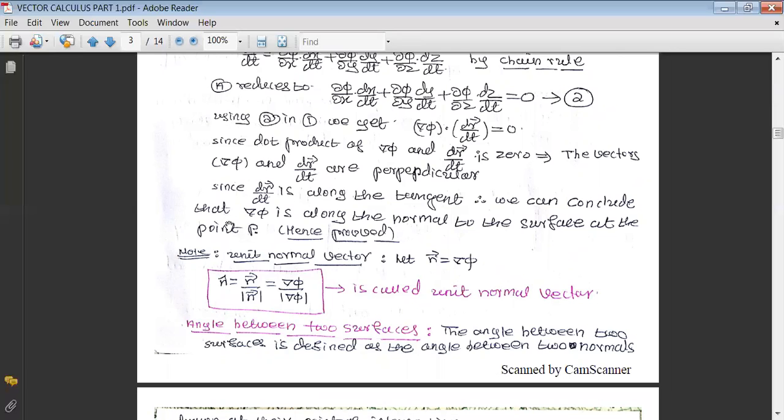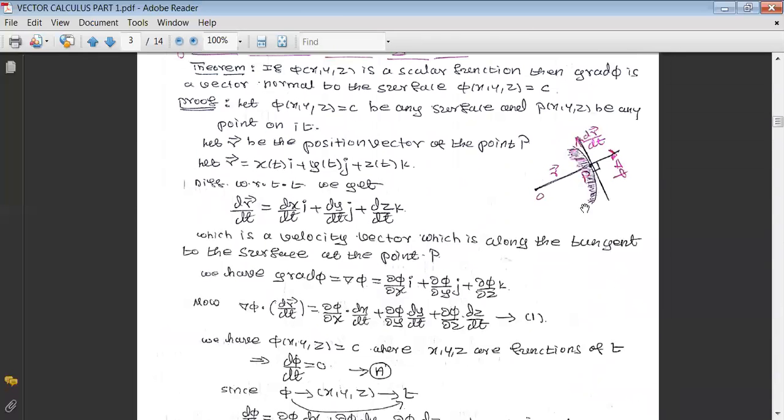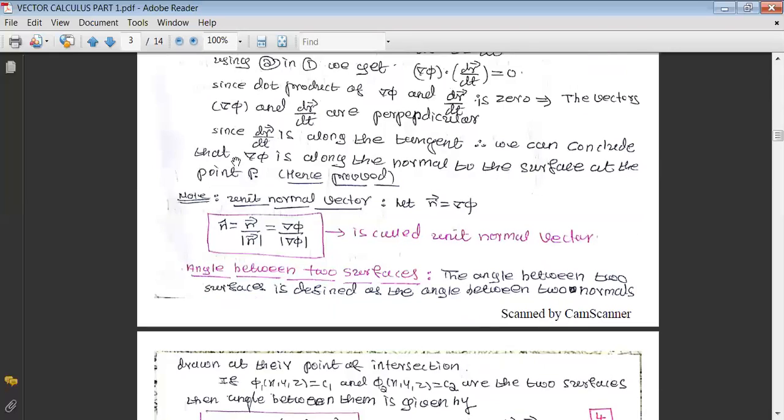Therefore, we can claim that del pi is along the normal to the surface at the point P. That's why we can conclude that del pi is a vector normal to the surface at the point P.